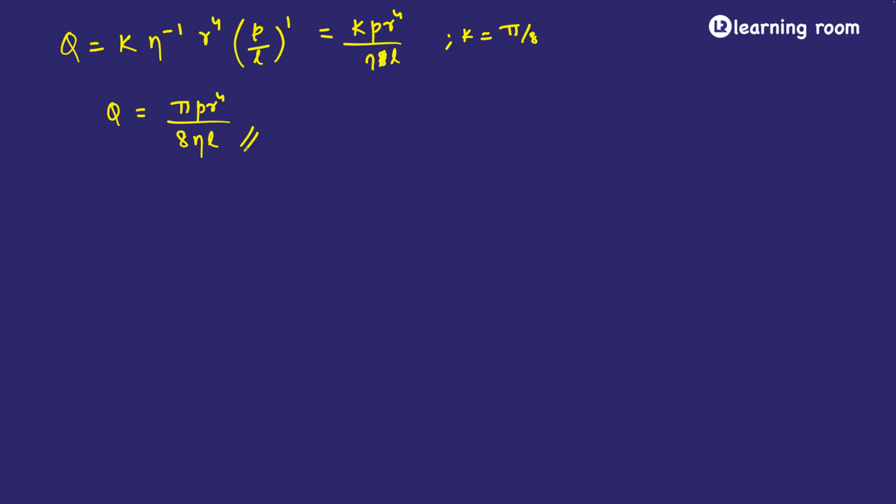I am asking whether you know how to convert this. 760 mm of Hg is how much? 1 atmospheric pressure. Correct? Now what I am asking is, 120 millimeter of Hg will be equal to how much? Use the unitary method, 120 by 760. So it will be 120 divided by 760.